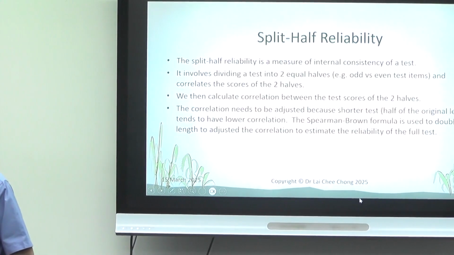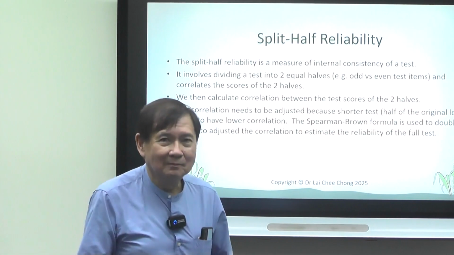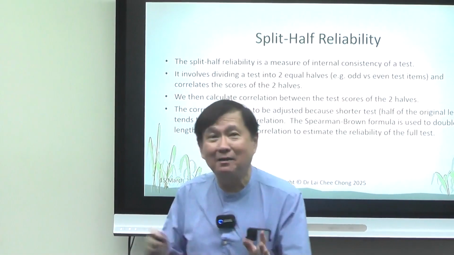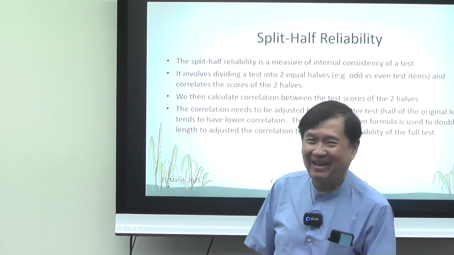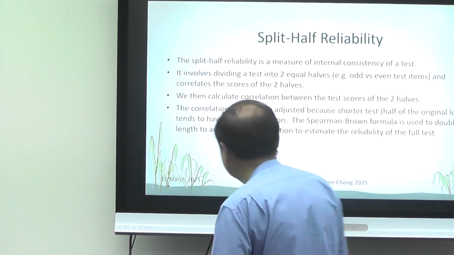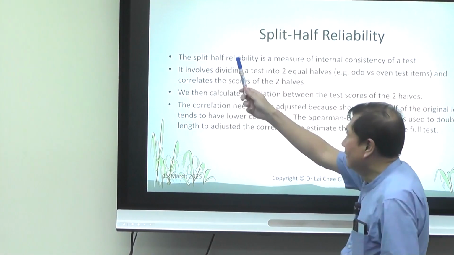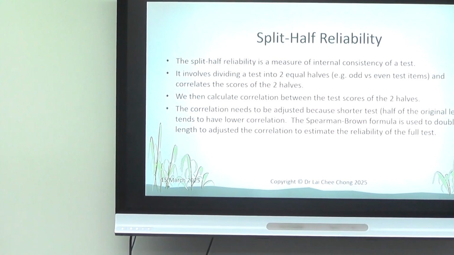Then there's another one. They call the split half test. That means you only have one test. I split it in half. A lot easier. That's easy. Okay, now let me go to the split half test. The split half test basically is a measure of internal consistency.